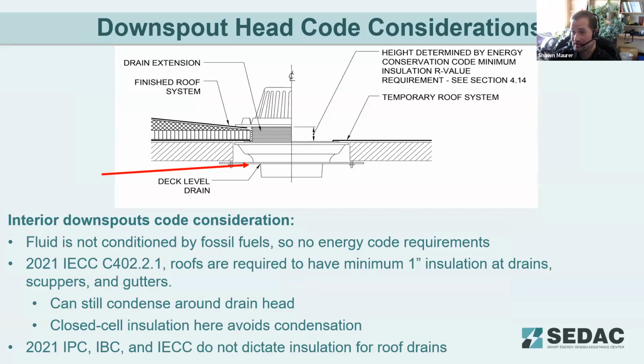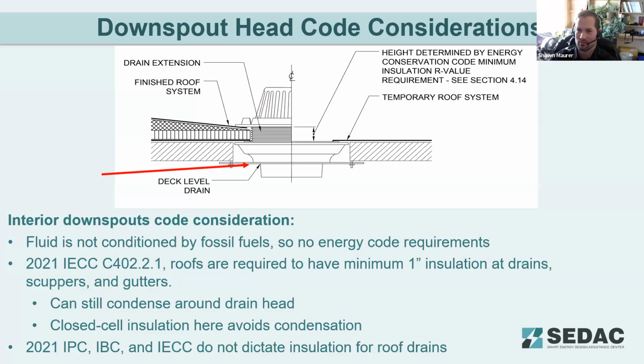On the energy code side, for most roof drains, there isn't a specific code section on insulating those roof drains. It's covered by the roof insulation system itself. It has to have that minimum 1-inch insulation now with the 2021 IECC at roof drains, scuppers, and gutters. The code used to allow you to taper down to no insulation there.